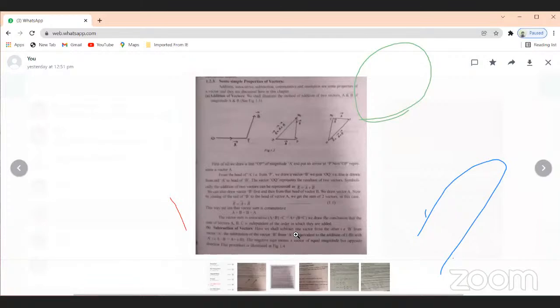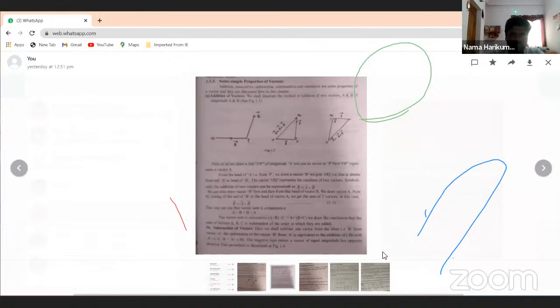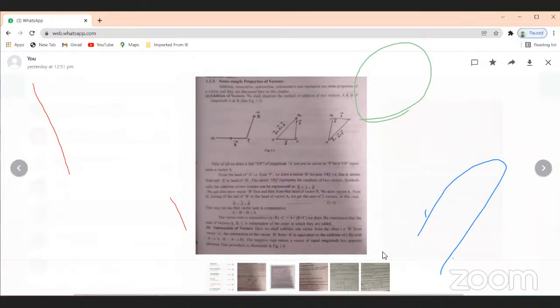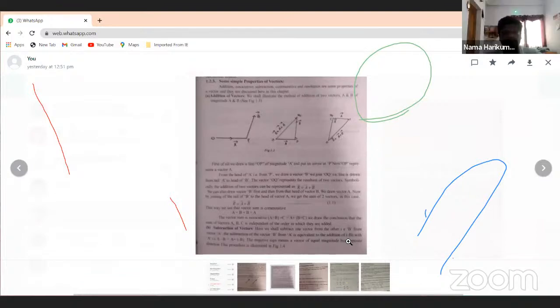Thank you. So you can write the subtraction of vectors in the same way, the definition the same way and the diagram also the same way, but with a small correction. In O2P, OP is A and PQ is vector B. The symbol goes from upward to downward, opponent of A. It's enough.